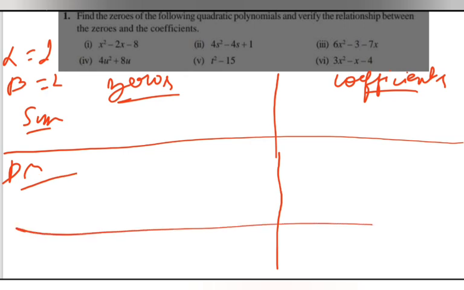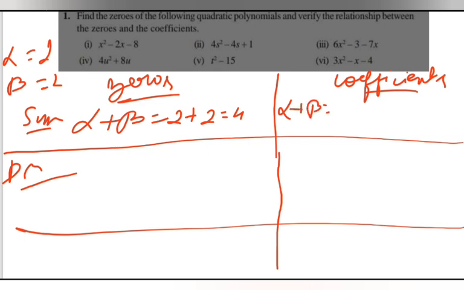For the sum we get alpha plus beta, so 2 plus 2 equals 4. For the coefficients, alpha plus beta is given by the formula minus b by a. So b is minus 4, so minus of minus 4 by a, which is 4. Minus of minus 4 is plus 4, and 4 by 4 is 1.